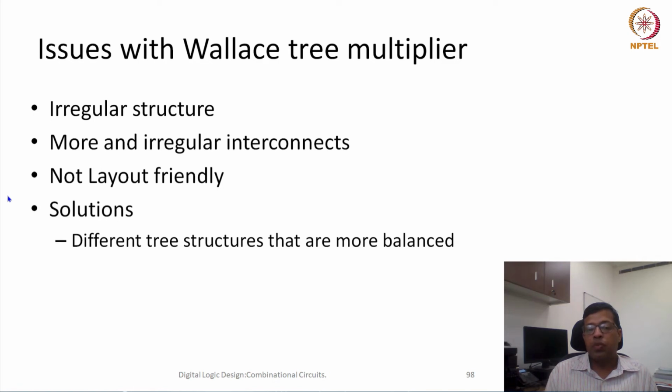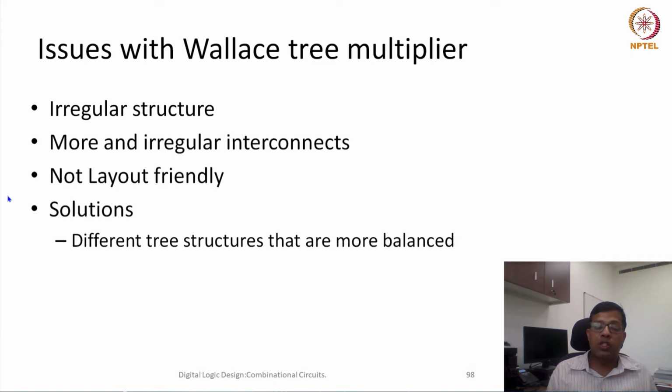Unlike the Wallace tree, there are other trees where the structure is more uniform, so that the number of full adders required can also be minimized.